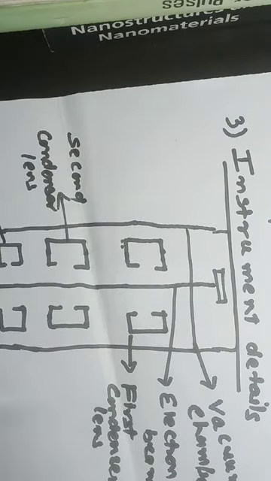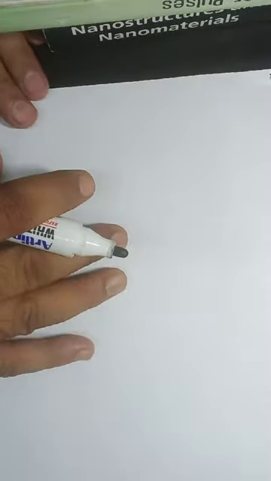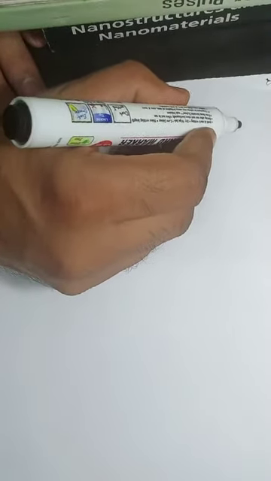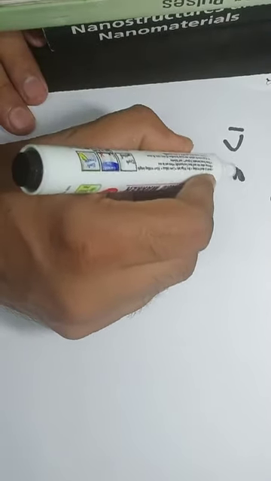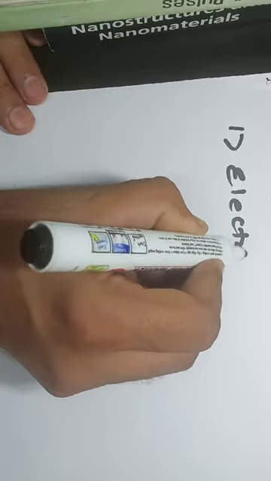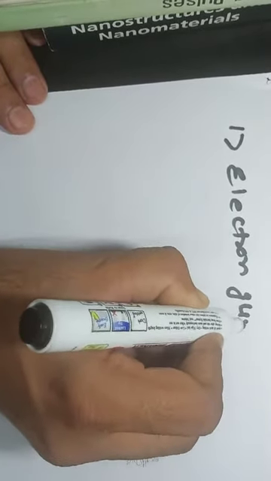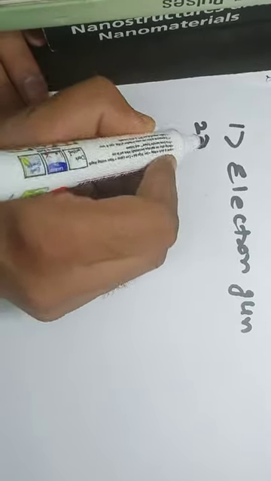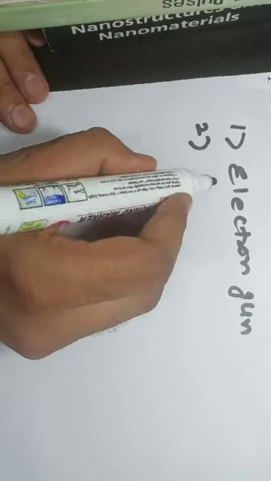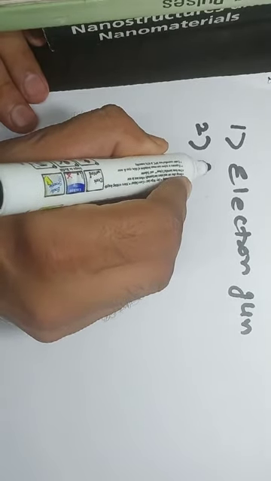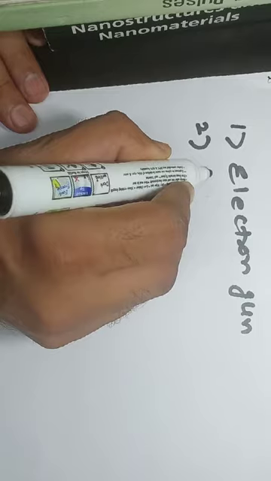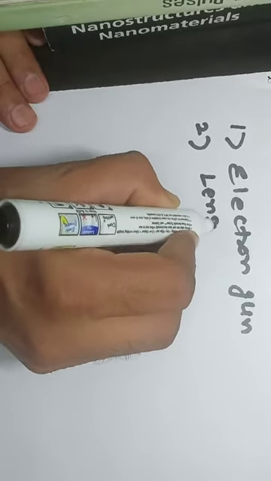Now let me write them down. What are the three main components in this case that we have to highlight? In an electron microscope, you need to have the first component, which is the electron gun. In the second case, you need the optics, or lenses.